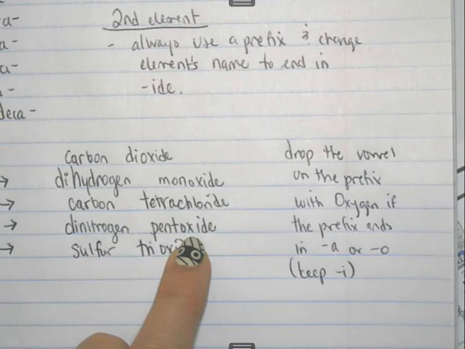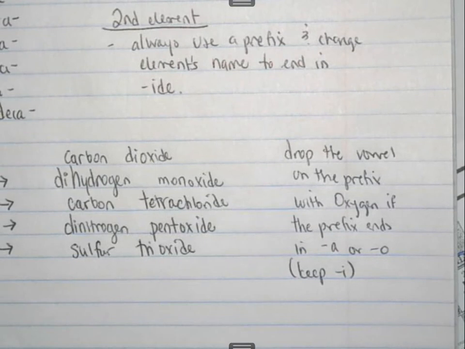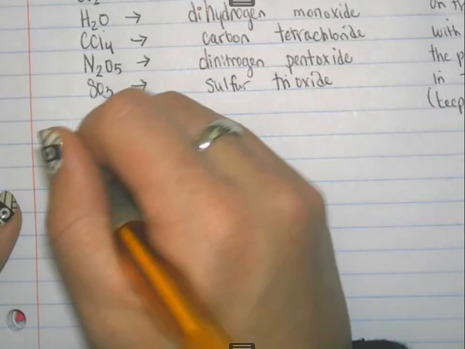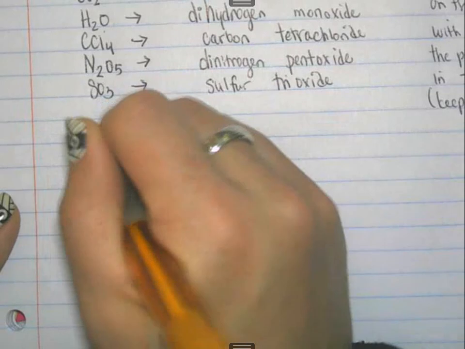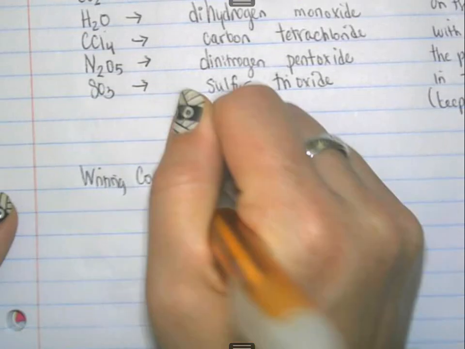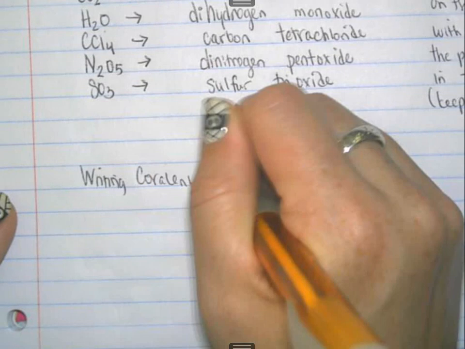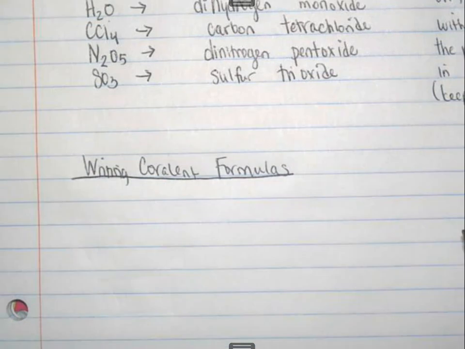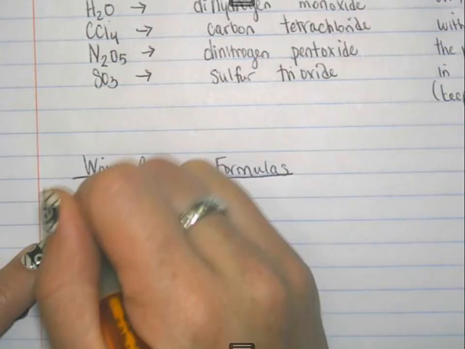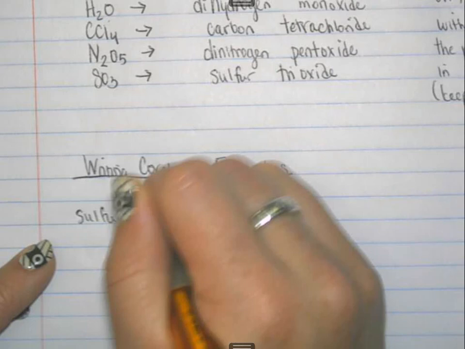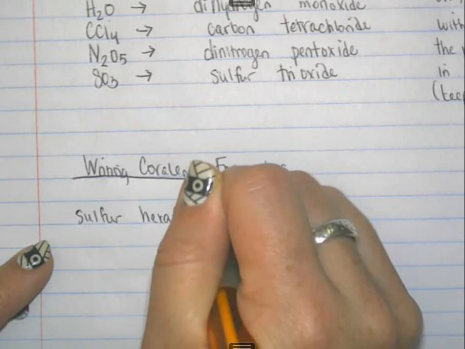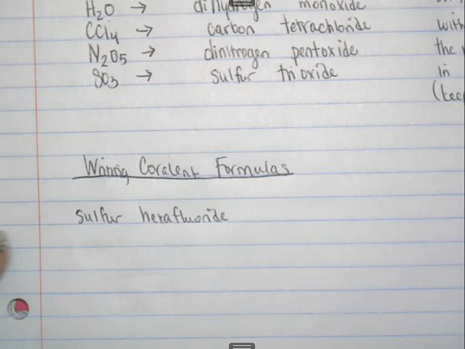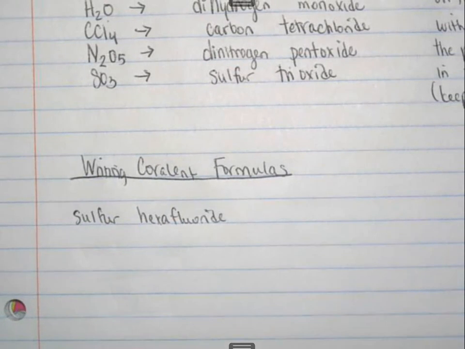Now, as far as writing the formulas of these, if given a name, it's usually pretty simple. So if we're going to do this in reverse, for writing covalent formulas, when given the name, I just follow the prefixes. So how would I write out sulfur hexafluoride? What do I write for sulfur?